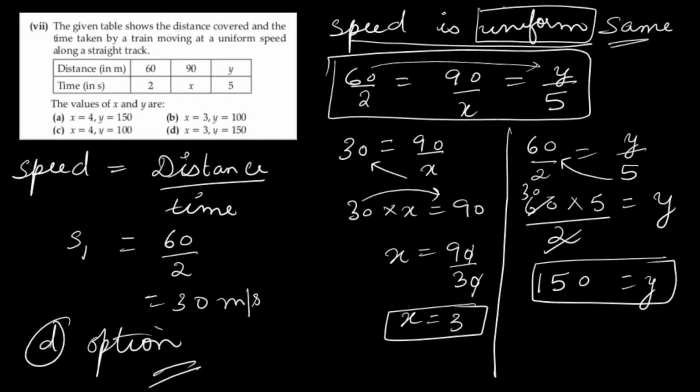Let's do the next question now. Question number 8. The seventh term of the given arithmetic progression. So an AP is given to us and we have to find its seventh term. See, the first term is 1 by A. The second term is 1 by A plus 1.